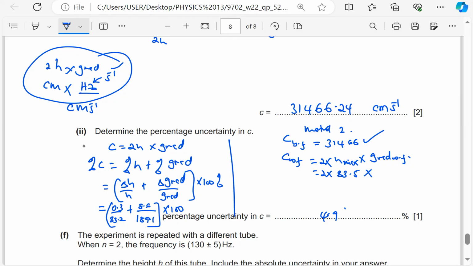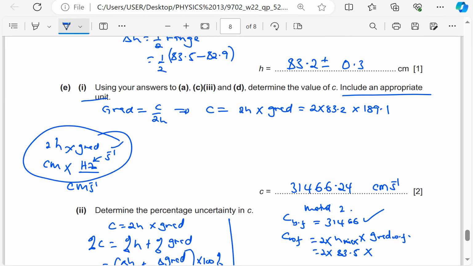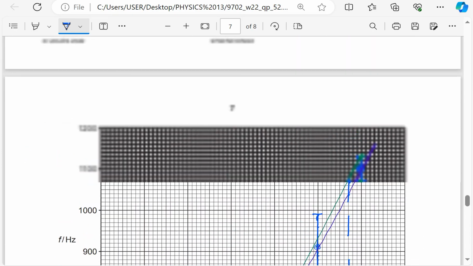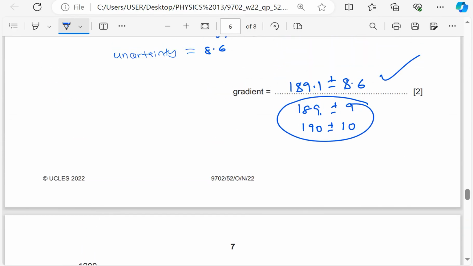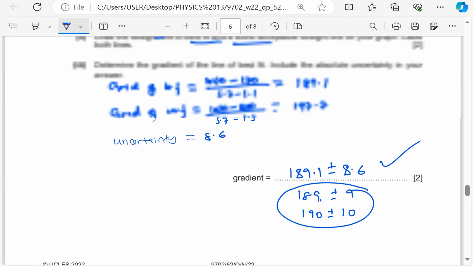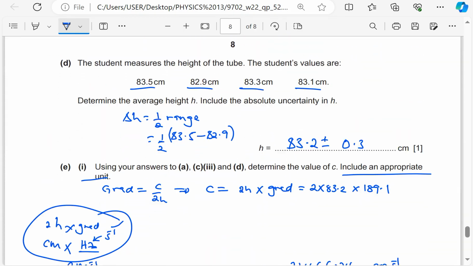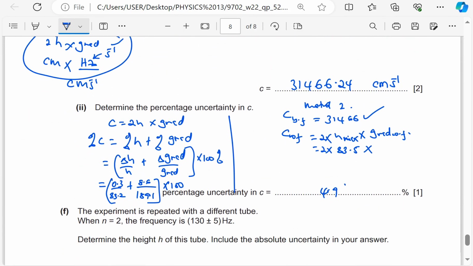Then the gradient of worst fit. I'm using the highest value of H because my worst fit was the steepest line. So it is 197.7.